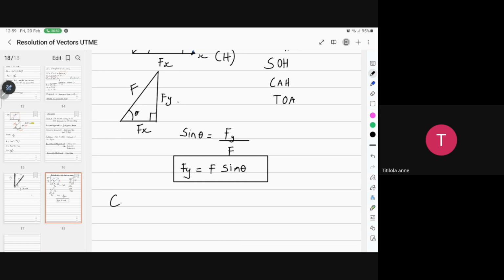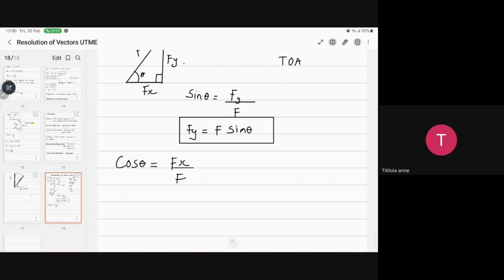Cos theta will be equal to what? Adjacent over hypotenuse. Adjacent is Fx, all over hypotenuse, which is F right here.